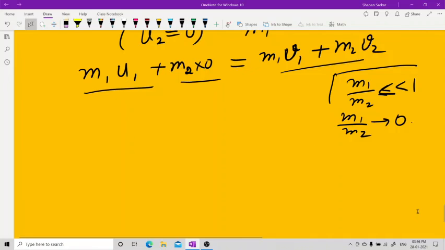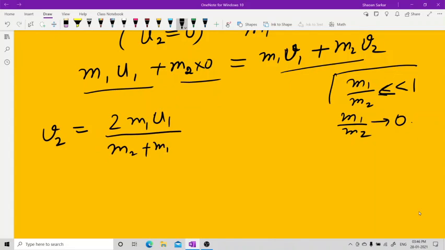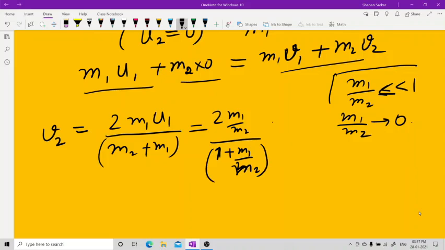For V2 we have 2 M1 U1 upon M2 plus M1. Now M2 is very big, so I'll divide up and down by M2. So 2 M1 by M2 upon 1 plus M1 by M2, into U1. This quantity is 0, so the whole thing becomes 0.